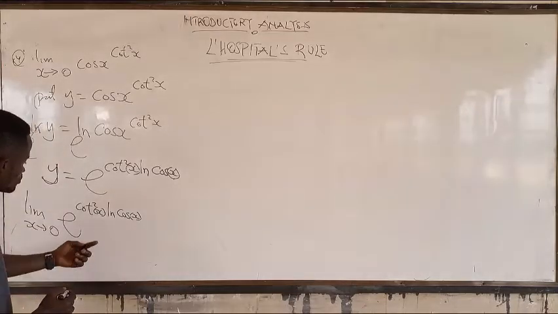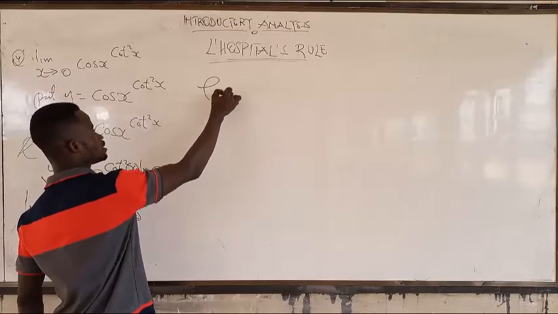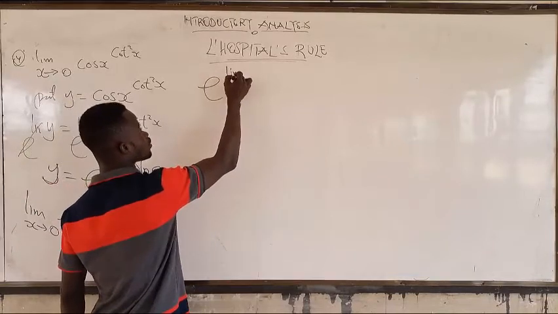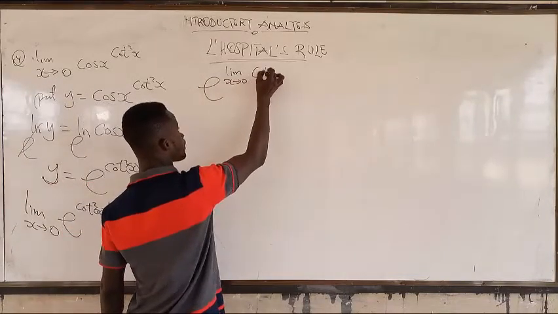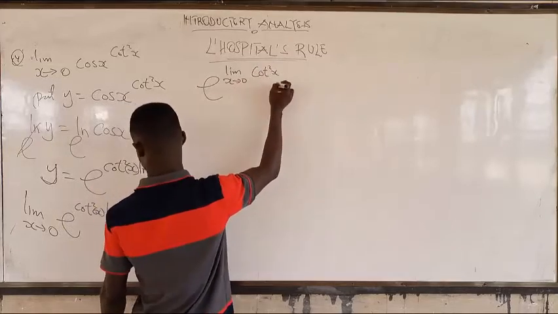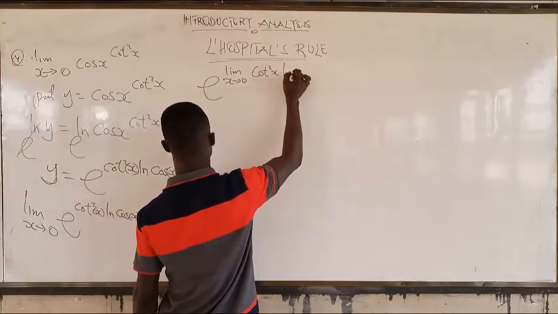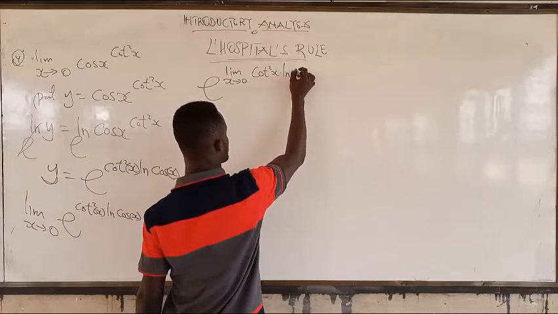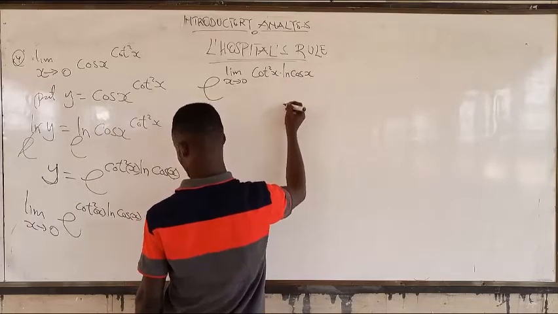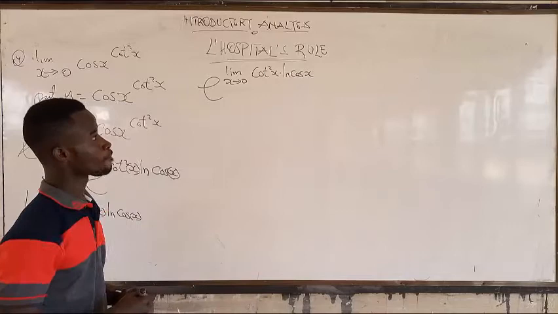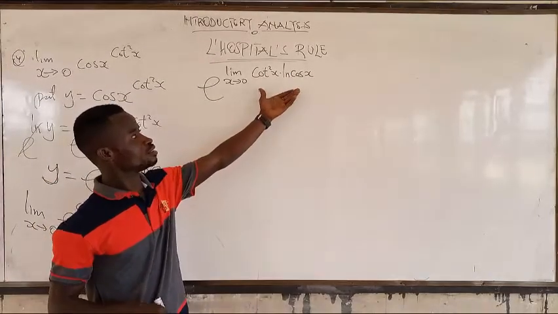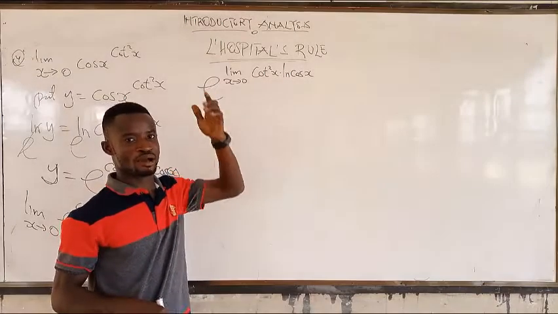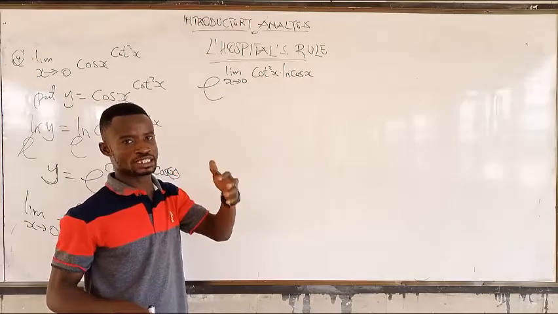Okay, so then since this is a constant, you can see that this is going to be in such a case whereby we have 0 times infinity or infinity times 0.